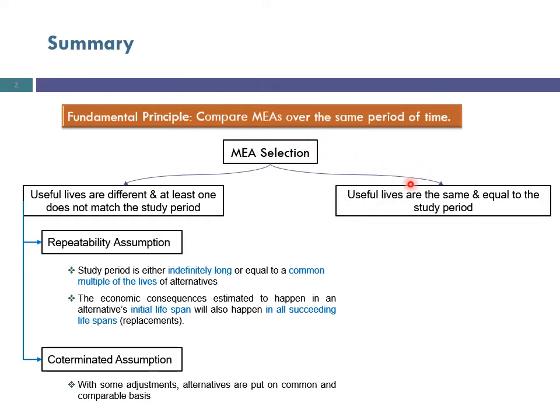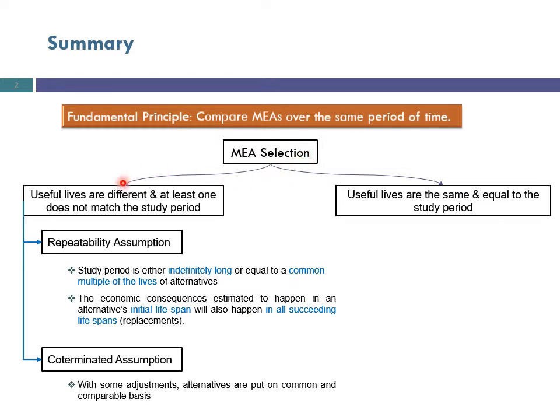If the useful lives of the projects are the same between each other and equal to the study period, this was case 1. All the analysis that we learned up to now was about this case.